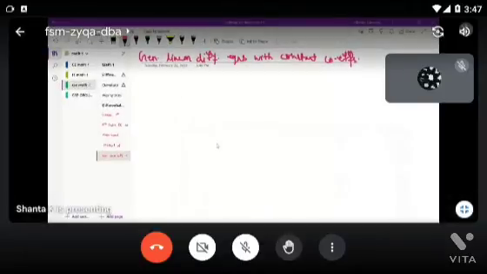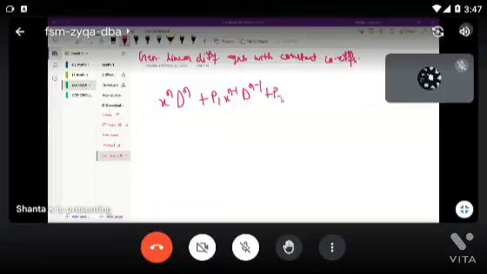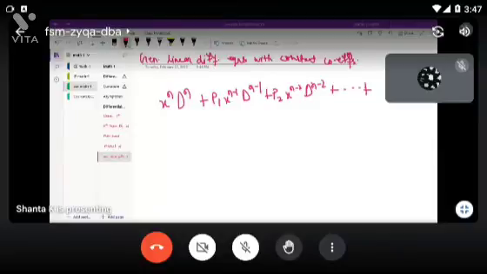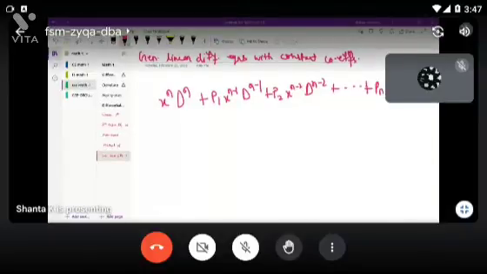So, if you consider the equation x^n D^n, where D^n means the nth order derivative, plus p1 x^(n-1) D^(n-1) plus p2 x^(n-2) D^(n-2) and so on, the last term will be pn. This we multiply by y equals f of x.